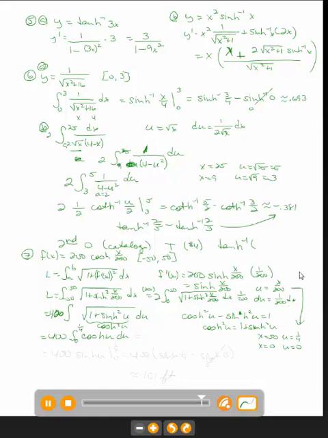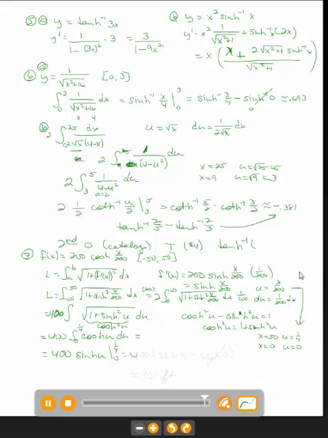So this is going to be from 1/4 to 0. And now this turns into a nice simple problem. The integral of the hyperbolic cosine is the hyperbolic sine. So I'll go underneath. So this is going to be 400 hyperbolic sine of u, taken from 0 to 1/4.